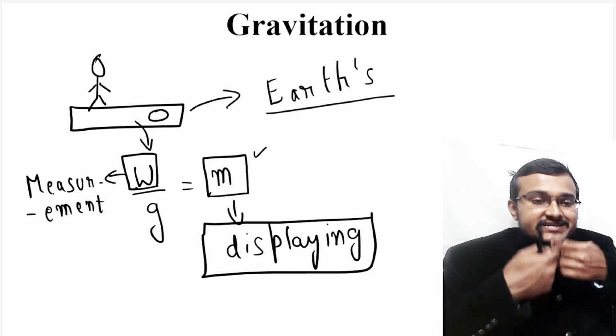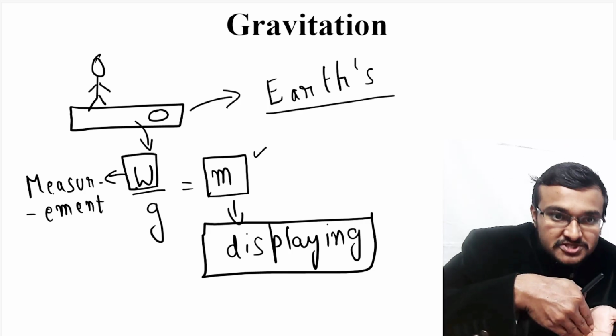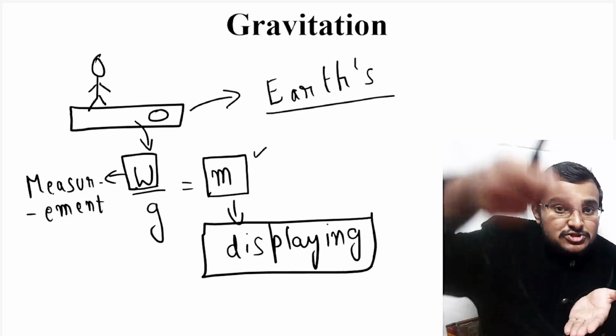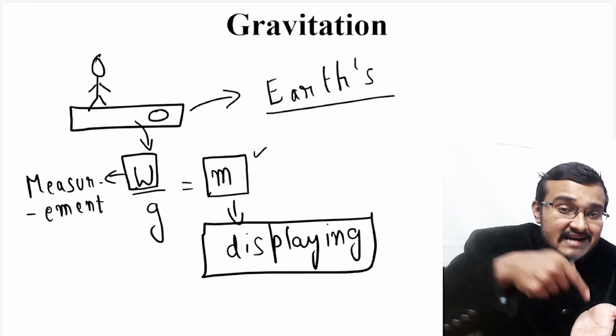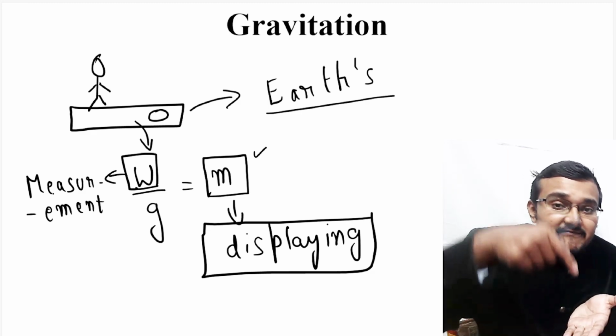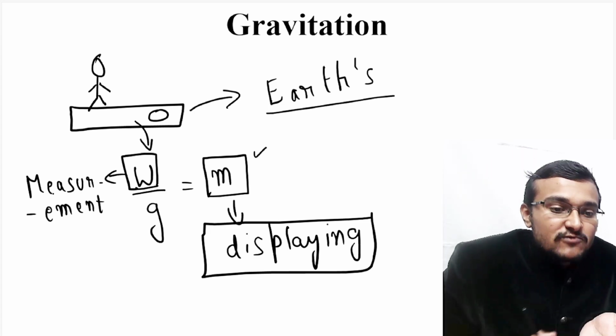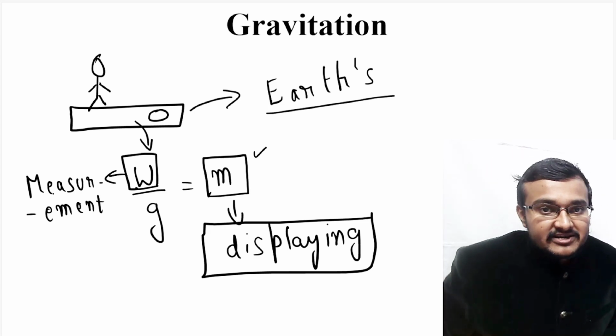When you stand on it, because of that force, it experiences some amount of force. That force is weight, and that weight is calculated by the weighing balance. But while displaying the result, it divides that value by your acceleration due to gravity.